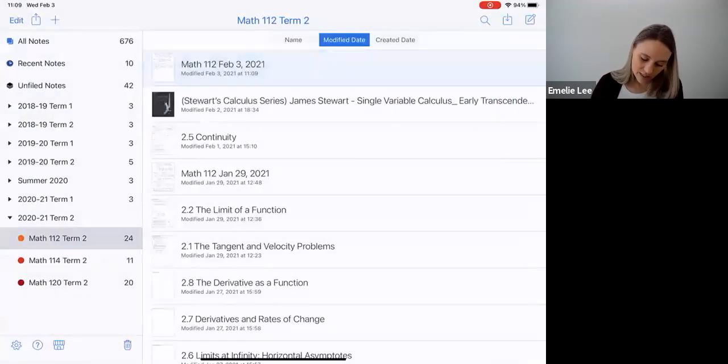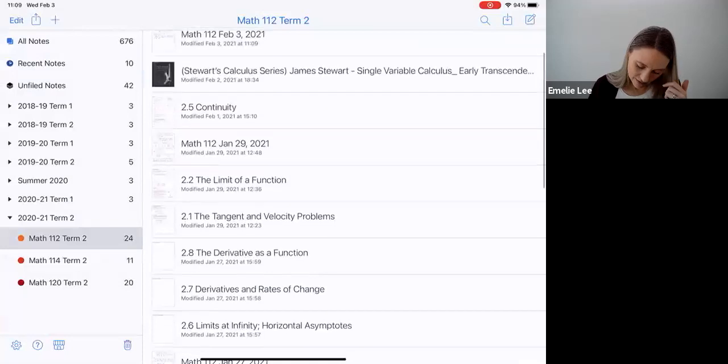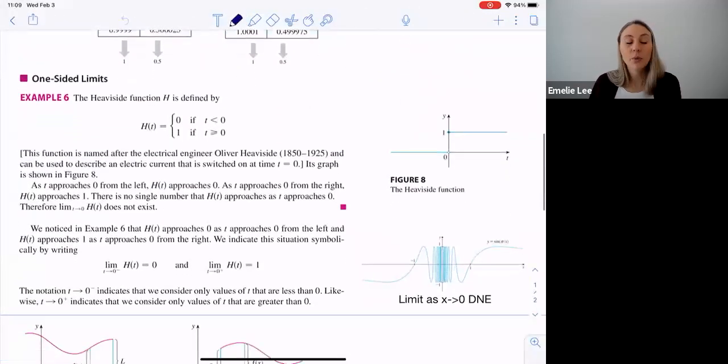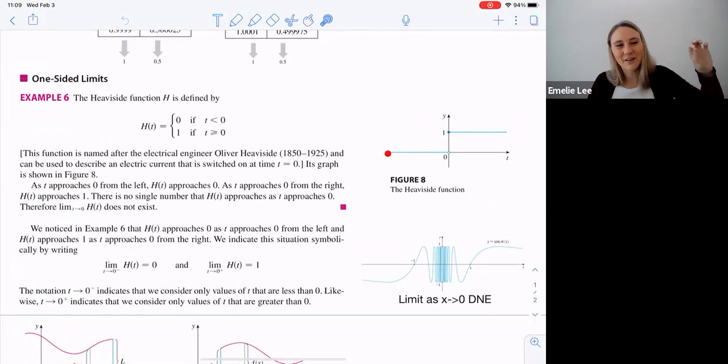Okay, so the Heaviside function, I've included the little description because it's kind of fun to read about. It's not important, but the idea is, at time 0, this is what it looks like. Not a very fun graph to look at, right? It's 0 for all values of x, or time in this case.